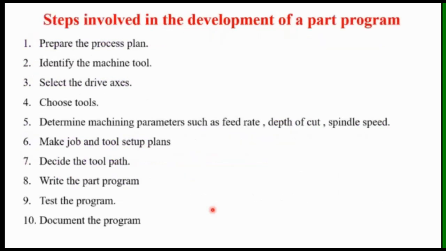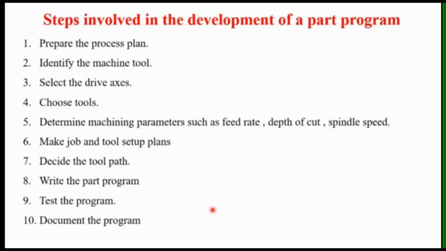Next, the steps involved in the development of a part program. First of all, we have to prepare the process plan and identify the machine tool required. Then choose the tool and select the drive axis.